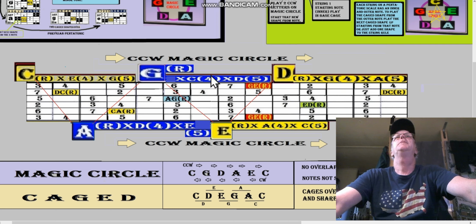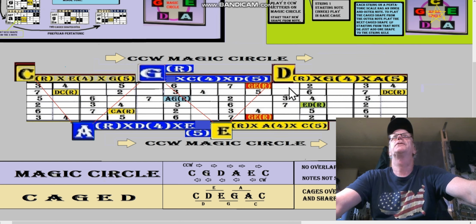Then the E box starts here, sharing these 2 frets with the G box. The D box starts here, sharing these 2 frets with the E box, and with the D box, you have the 3 and the 4 here that's shared with the C box.